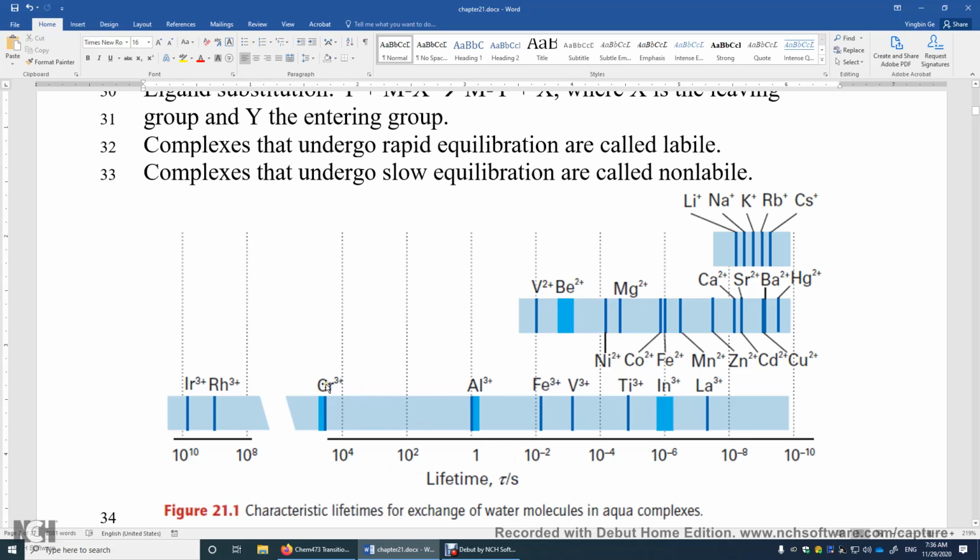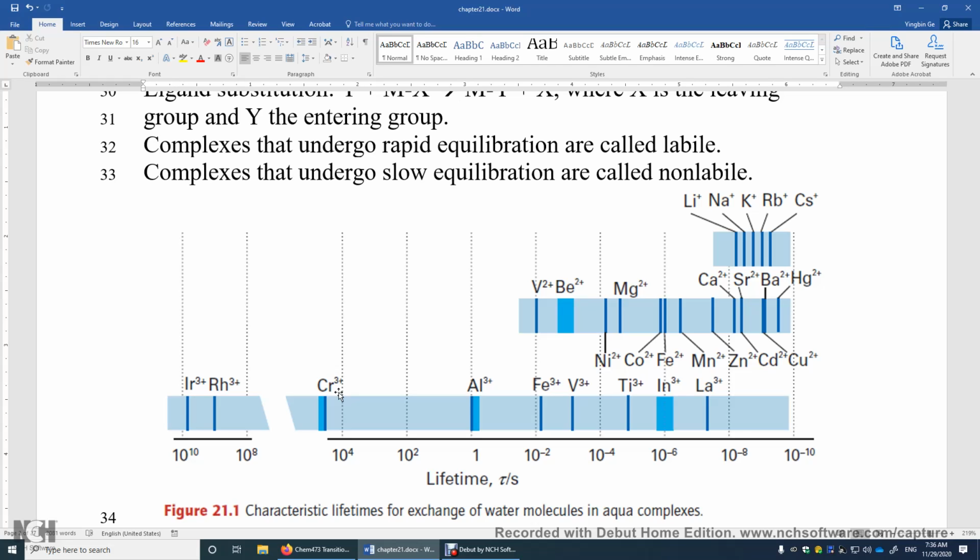And chromium, if you remember, is also among the 3d transition metal series. So why is this one so non-labile? Well, if you recall, the chromium atom has a 4s2 3d4 electron configuration, 6 valence electrons.